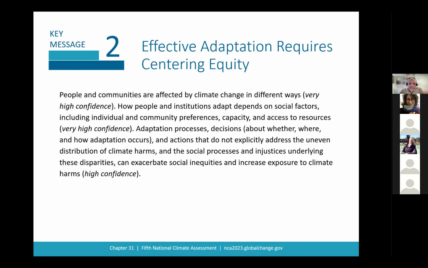The second of these is that adaptation processes and decisions and actions that don't explicitly, well, this is actually the third one on this list, that don't explicitly address the uneven distribution of climate harms and the social processes and justice underlying these disparities can actually exacerbate social inequalities and increase exposure. So essentially, if we want to center equity, it's going to require a paradigm shift in adaptation planning.